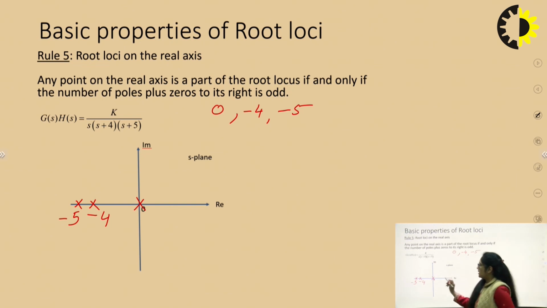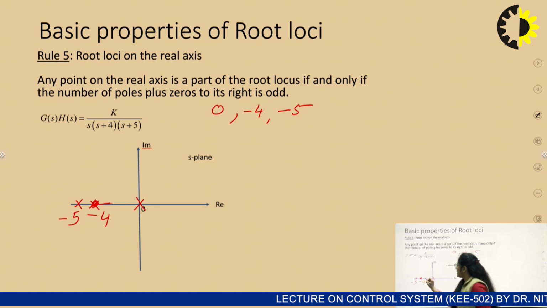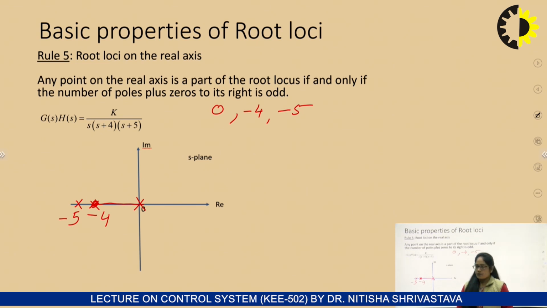So, now at this point, the number of poles to its right is how much? 1. There is one pole on the right. So, this part on the real axis is part of the root locus.